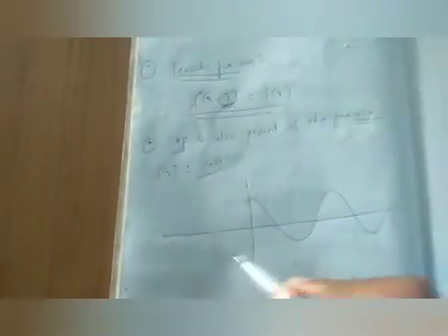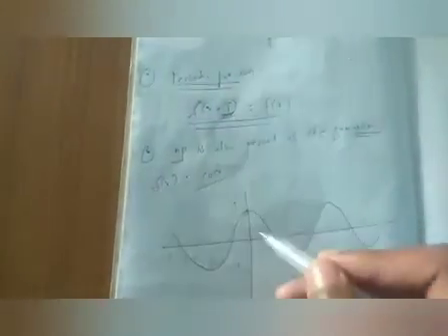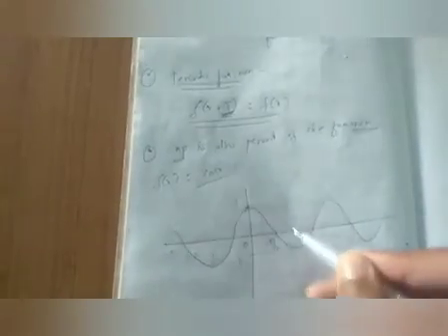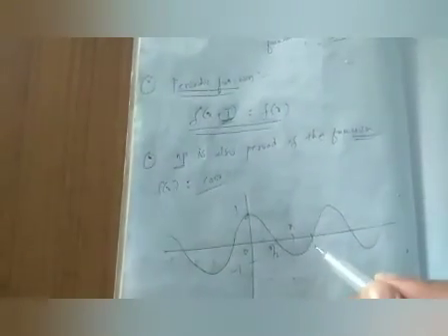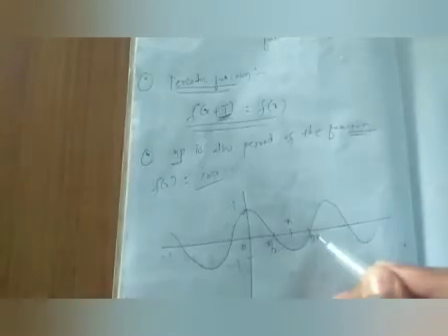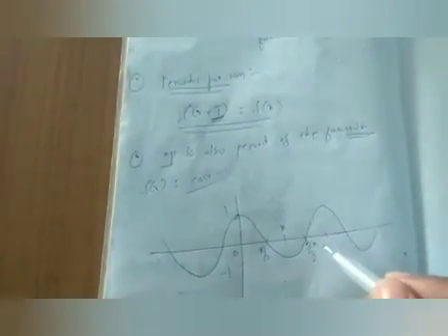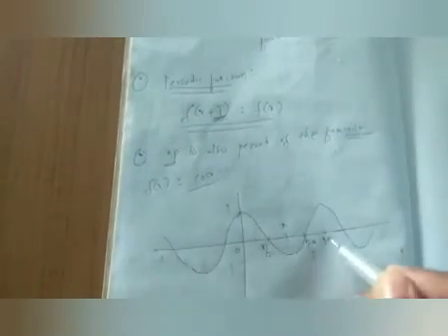The graph goes to minus 1 and back to 1. The marked points are 0, pi by 2, pi, 3 pi by 2, and 2 pi. We take 1 at 0, and 1 comes again at 2 pi.